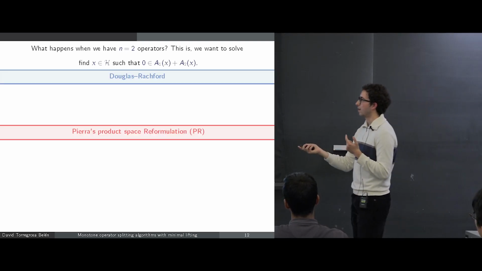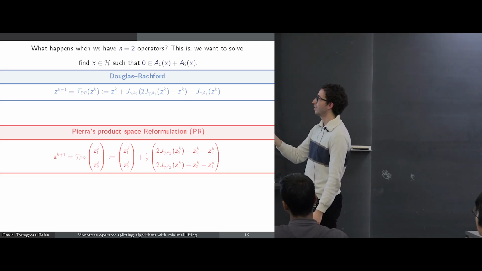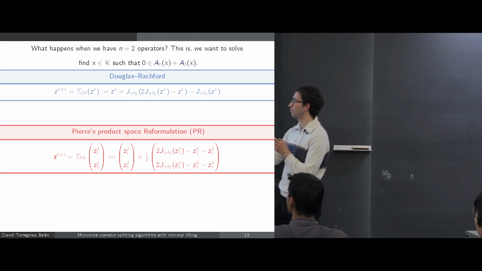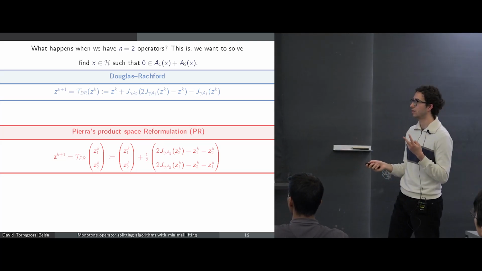If I compute their iterations, they are not only different: I could write Douglas-Rachford in only one line, but the product space reformulation I had to write in two lines, because I need two variables to compute this method.